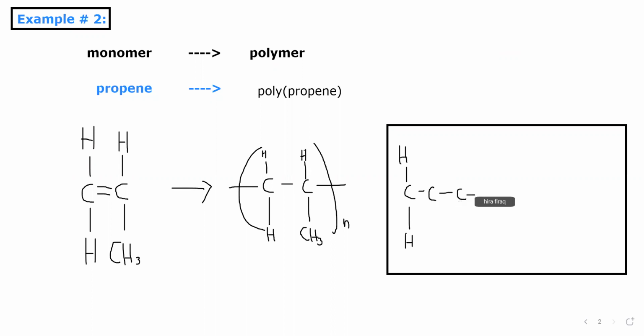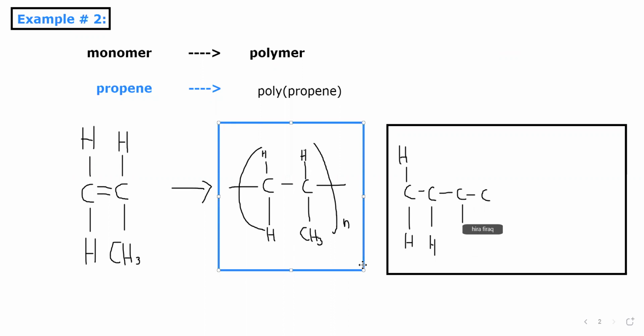And if they don't say any, then we can draw like this, like we have drawn this. This is perfect. Here, what do we have? We have a bracket, we have continuation of bond, and we have n also. And here, what do we have? We have two of the repeated units. Perfect.